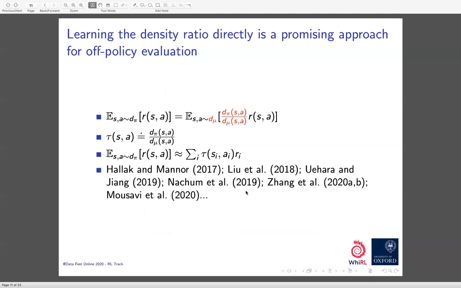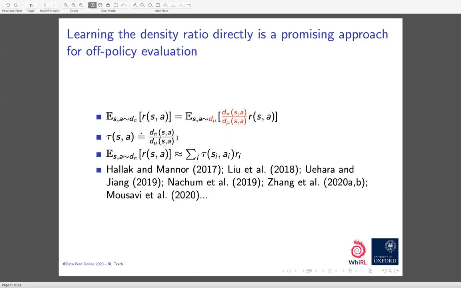Learning the density ratio directly is a promising approach for addressing this problem. First, we can rewrite this expectation in a different form such that the expectation is taken with respect to the behavior distribution d mu, which we can sample from. But of course, if we change the expectation, we need to introduce an importance sampling ratio to make a correction. So here we have this ratio d pi over d mu, and I will use tau to denote this density ratio.